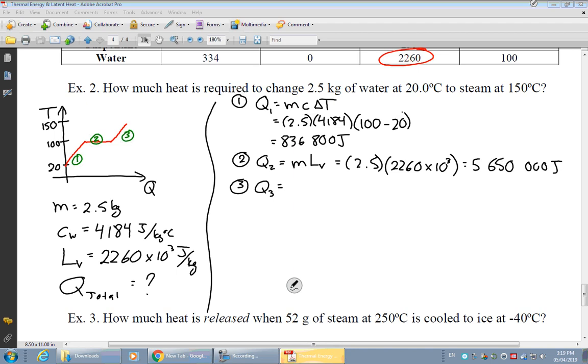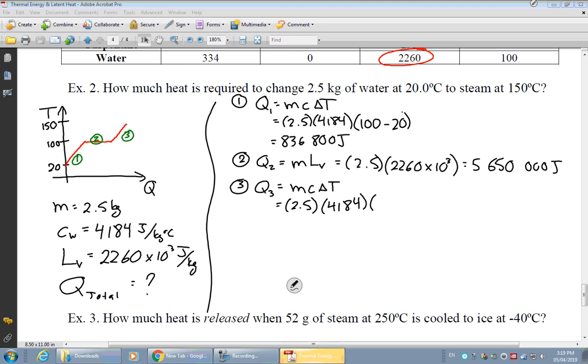And in Q3, or stage 3, now it's increasing its temperature again. So we go back to the formula that we use when something's increasing its temperature, mc delta T. Specifically in that case, it's still 2.5 and still 4184. Those didn't change because we're still dealing with 2.5 kilograms of water. But now the temperature change is different.